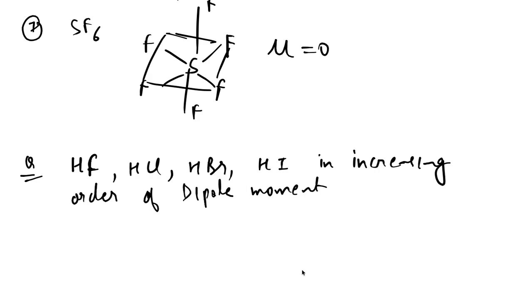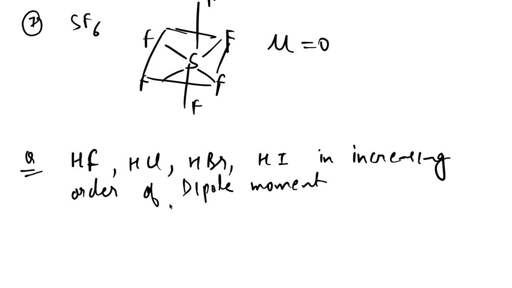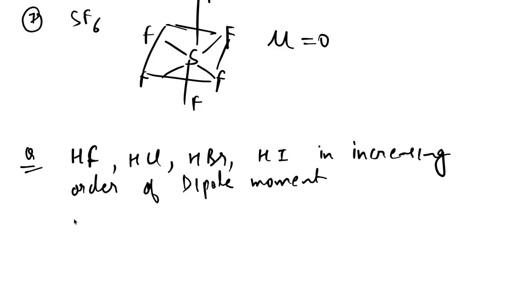Okay, this is one of the common questions which can be asked. So you should always remember that dipole moment has a formula: dipole moment is represented by mu, equals q, that is the effective charge difference, multiplied by the distance between these atoms.